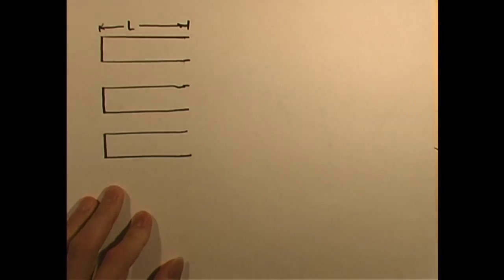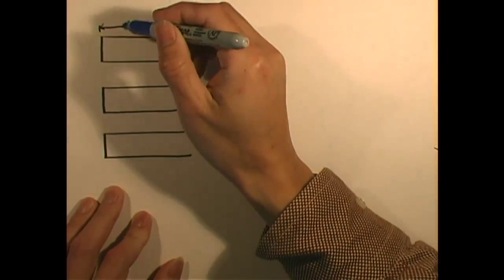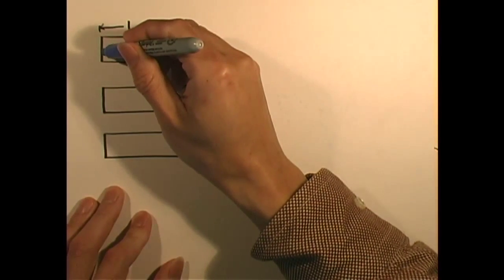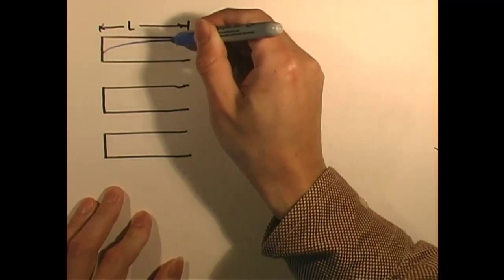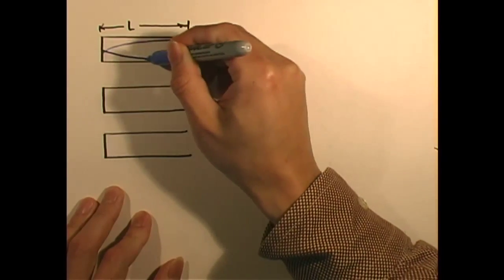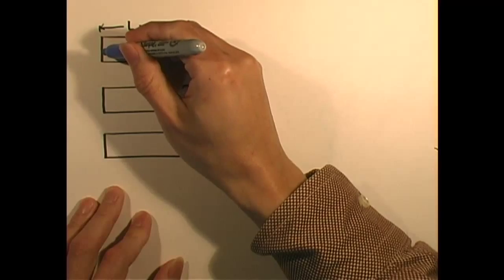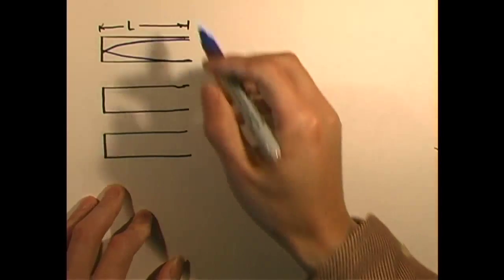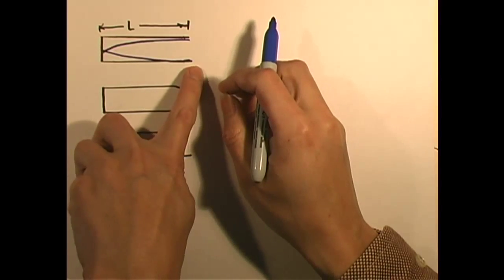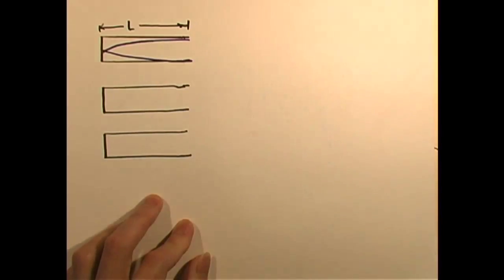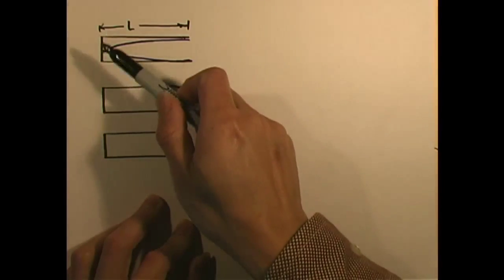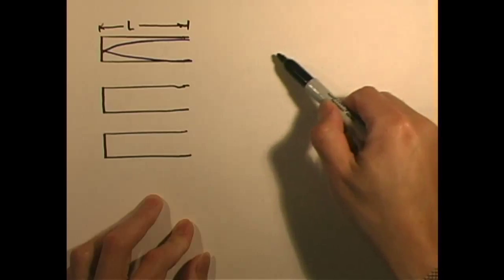So one possibility, which corresponds to the largest possible loop size, would be something like this. After all, you have a node here and antinode there. Now if you draw something like that, then you realize this is only half a loop, right? Because if I extend the other half, I get a whole loop.